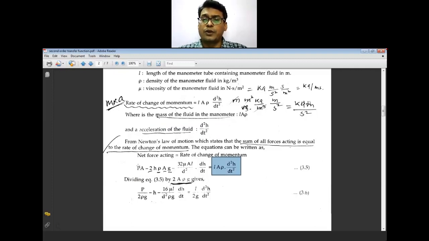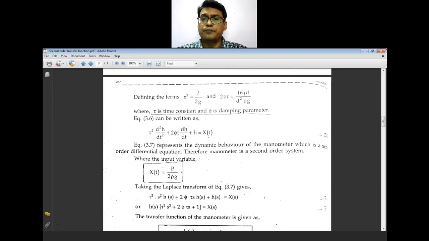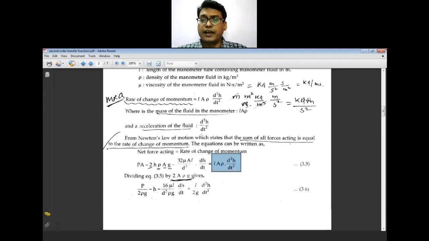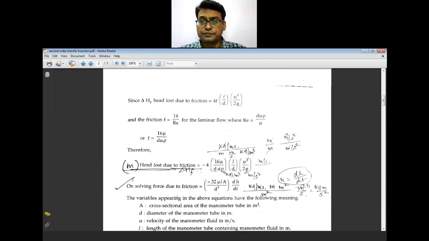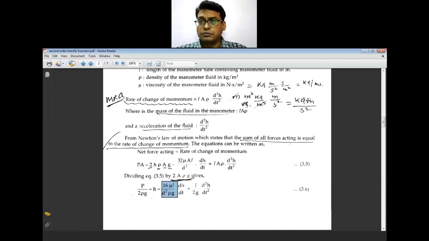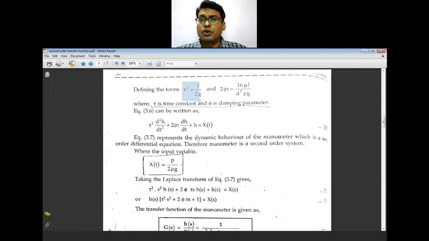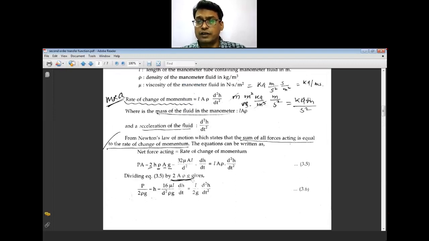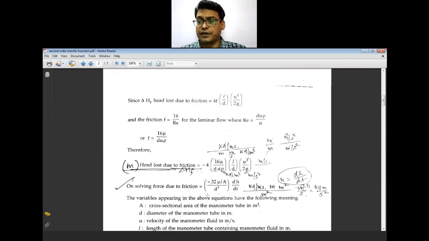So dividing by 2a rho g for simplification and defining the terms, tau square is L upon 2g, and it is tau square into d2h upon dt square.